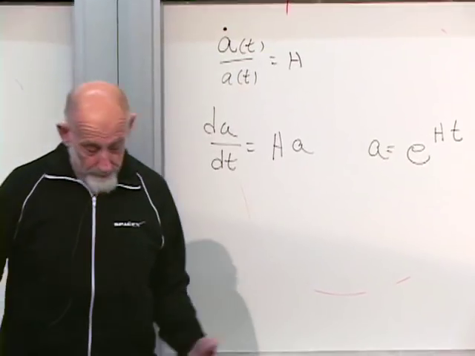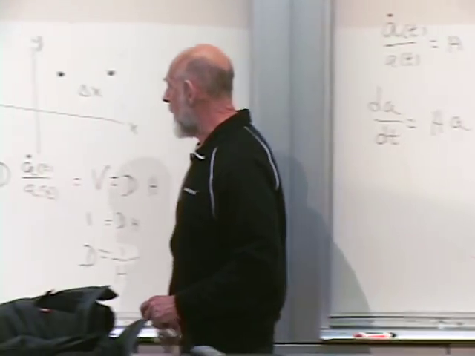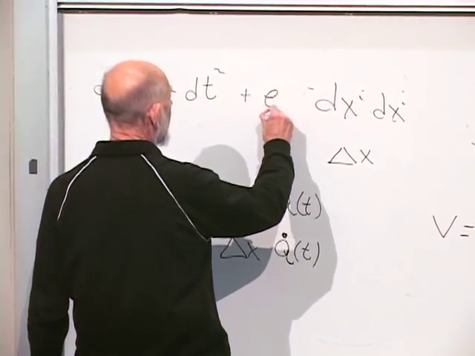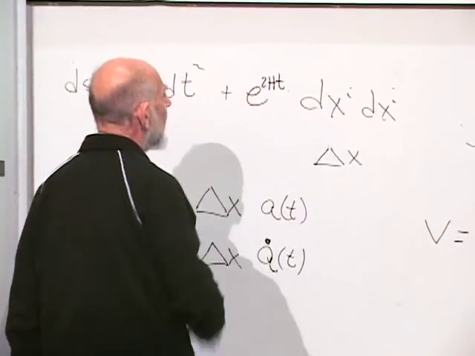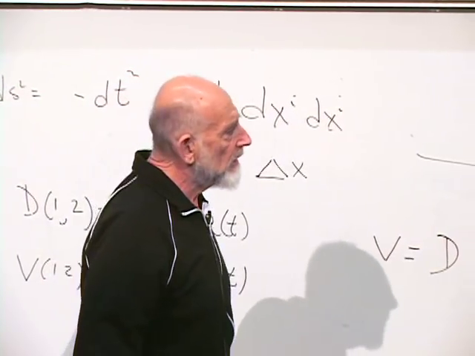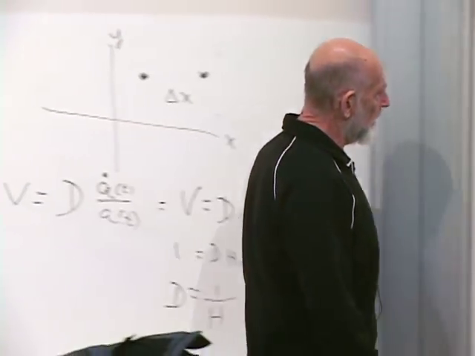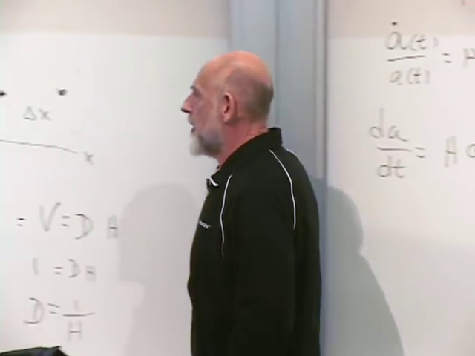A space with this property, with a squared of the form e to the 2Ht. Why did I put a 2 there? Because it's squared. a is e to the Ht, a squared is e to the 2Ht. This space has a name.